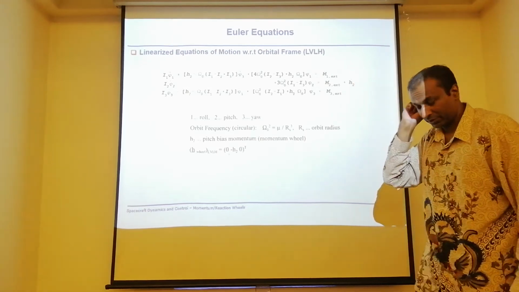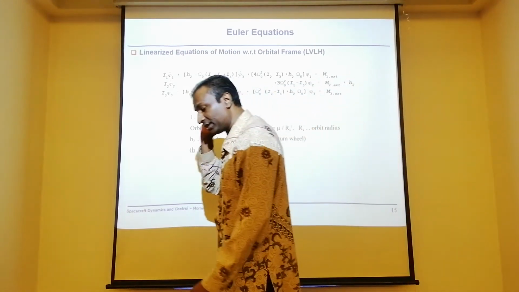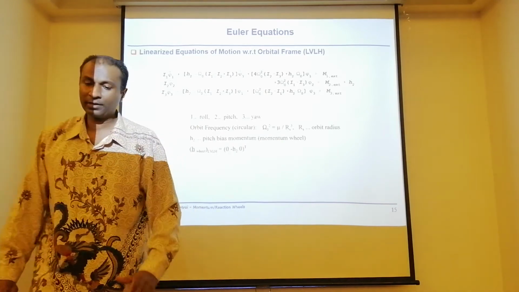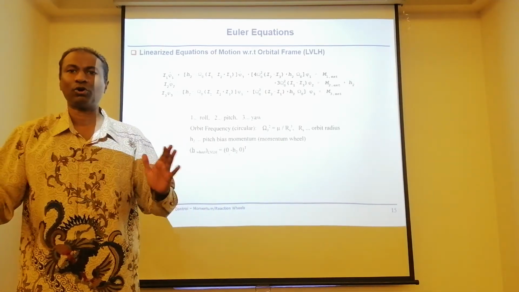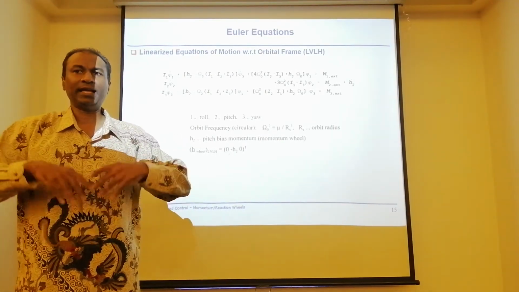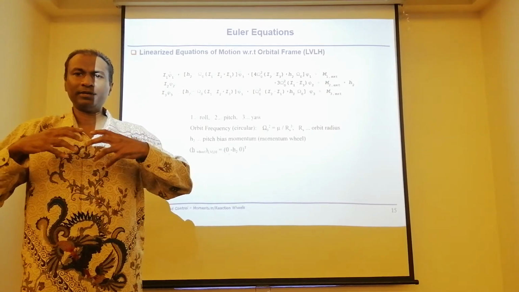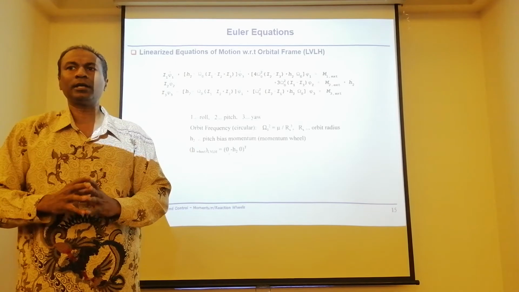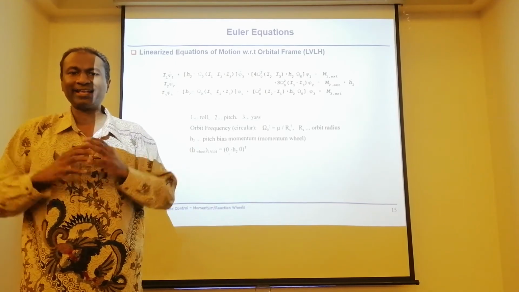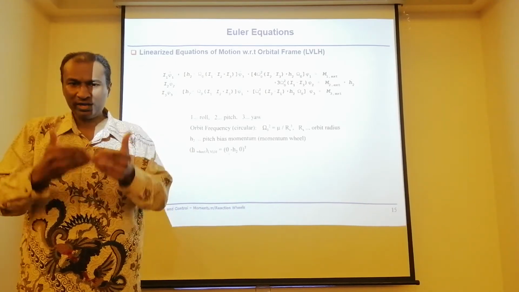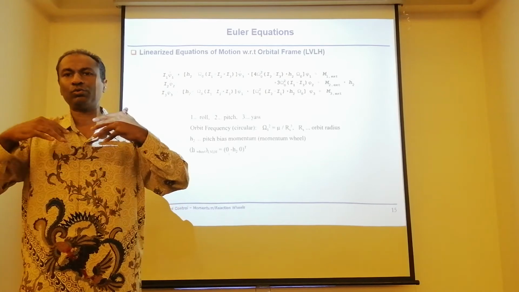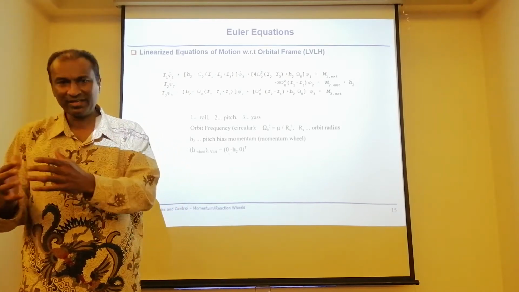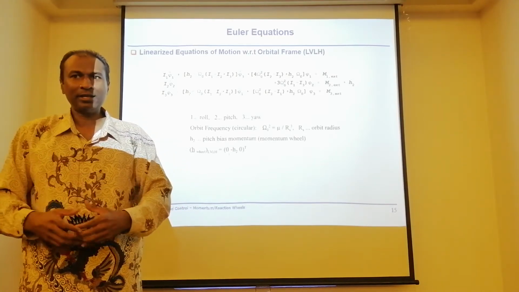Linear equation of motion. Now we have treated a pure Euler equation. We started with the pure Euler equation. Then we escalated this Euler equation into incorporating the gravity gradient component.